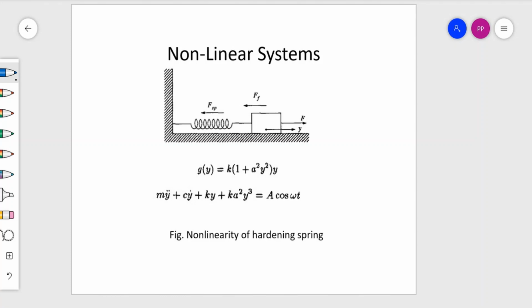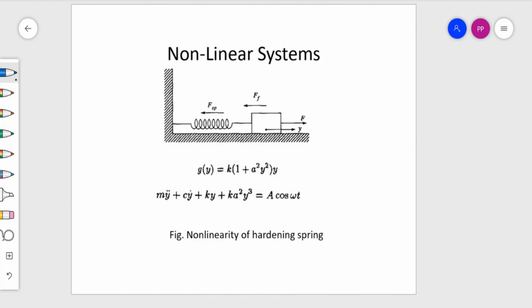So this is a simple example of a spring mass damper system, where instead of any other system, I have taken a simple example where we consider these systems as linear system.